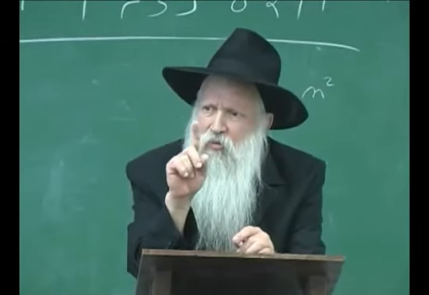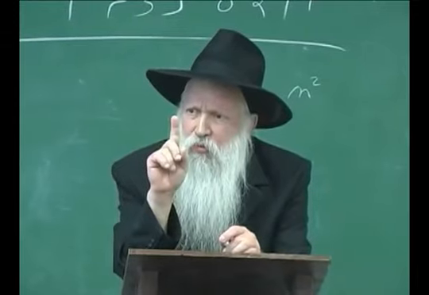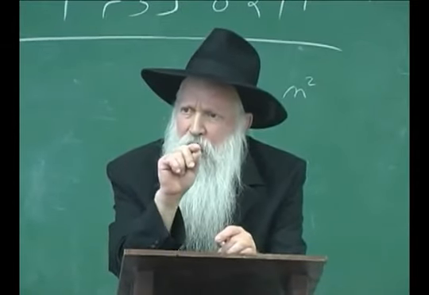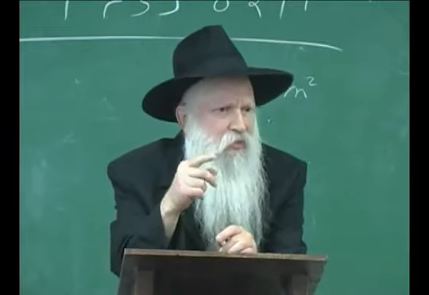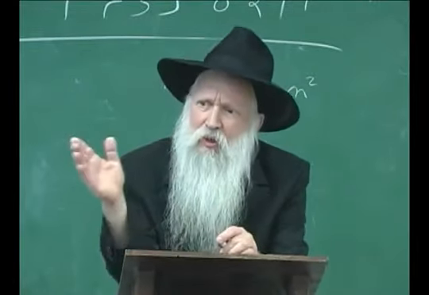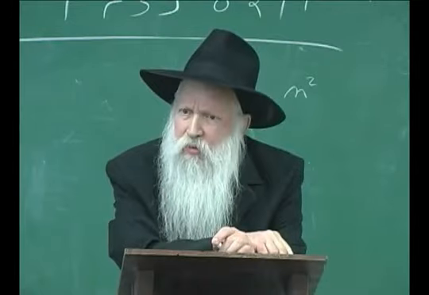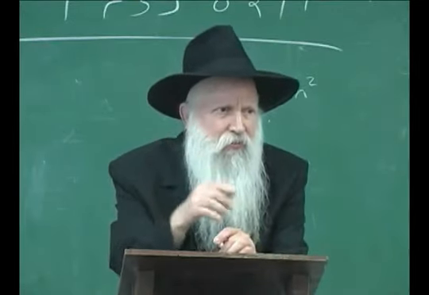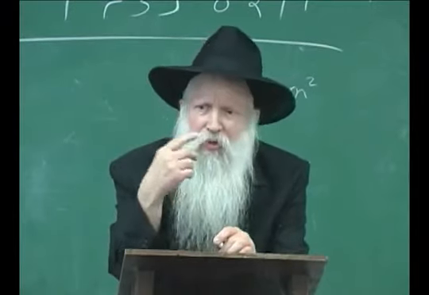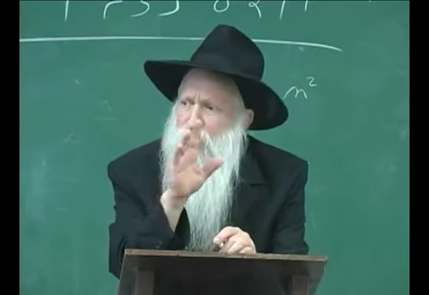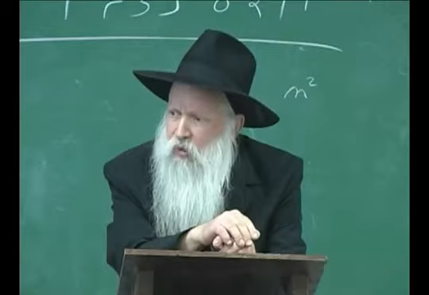If I write just the first letter by itself, Yud, and then 2 letters, Yud and Hey, and then 3 letters, Yud, Hey and Vav, and then all 4 letters together, how many letters do I write all together? 10, because that's the triangle of 4. That's called the simple song, the double song, the triple song, and the quadruple song. That's the terminology for this.